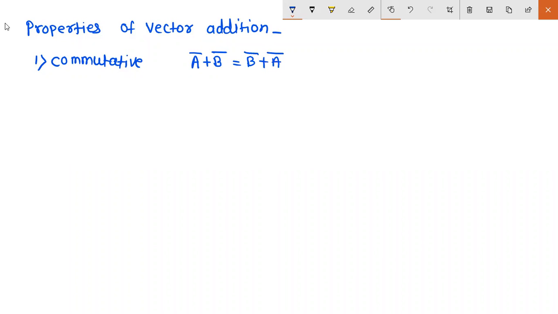Then the second property is that vector addition is associative.